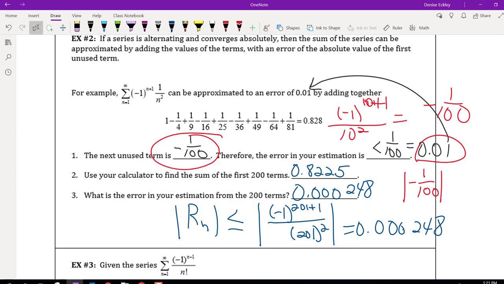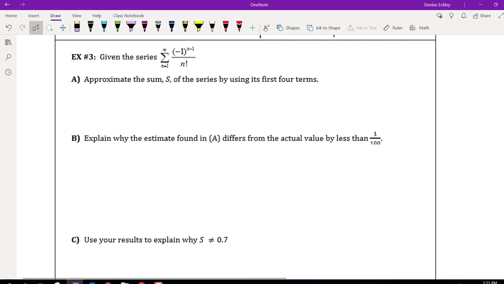All right, let's do a couple of examples here. So given this series, which is -1 to the n minus 1 over n factorial, we are first to approximate the sum s of the series by using the first 4 terms. So we can just write those out since it's the first 4 terms.